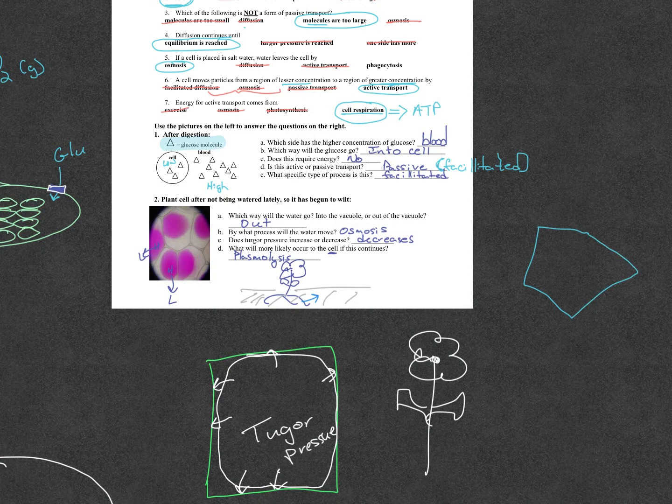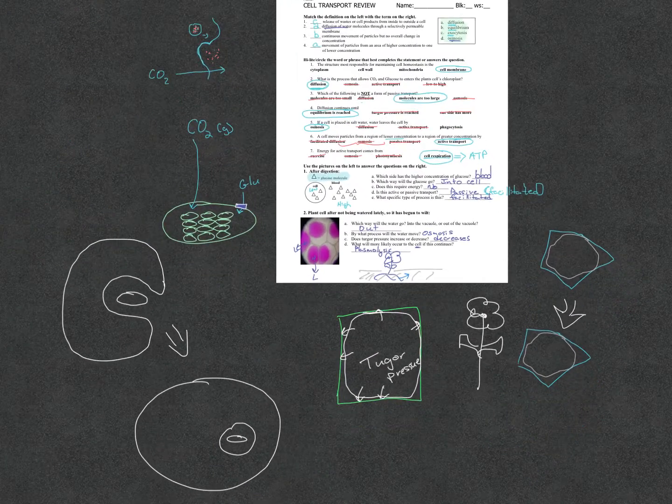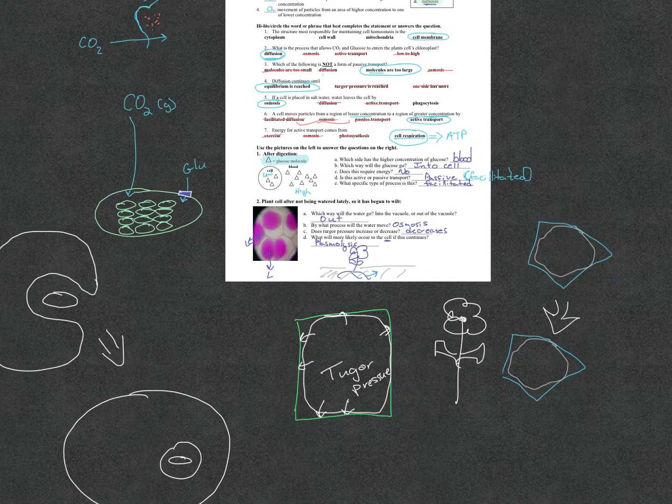As it loses water, that cell's membrane starts to shrink because water's leaving. Hence the idea that there's less turgor pressure.